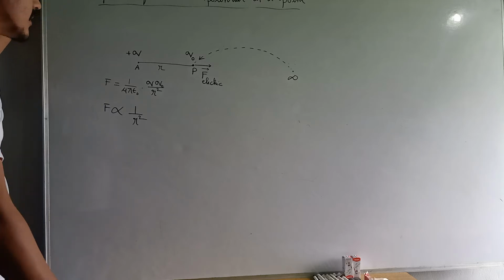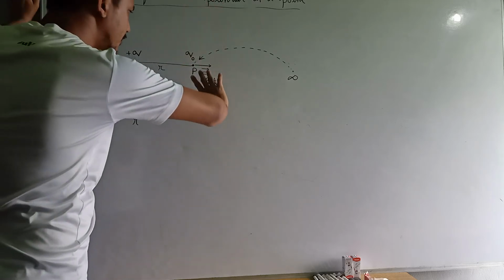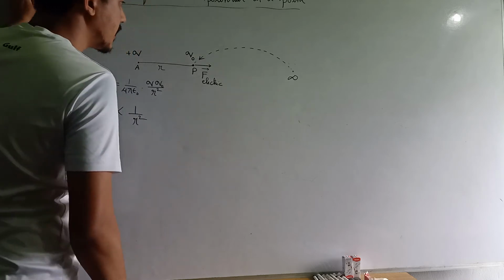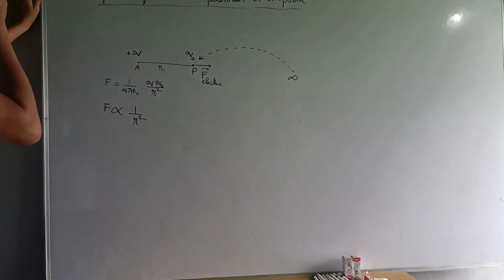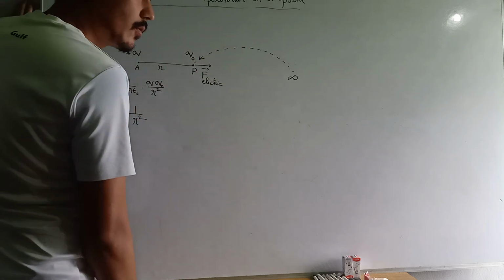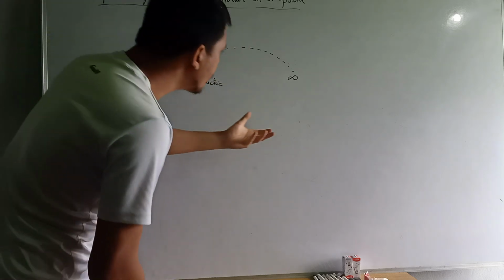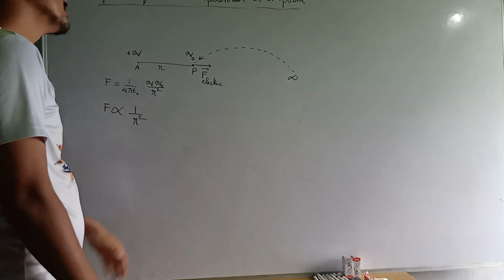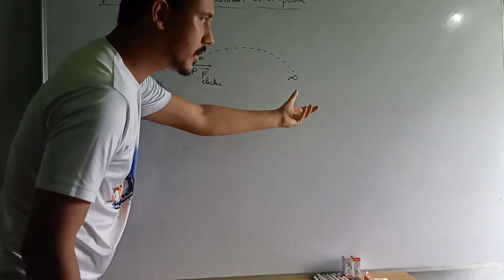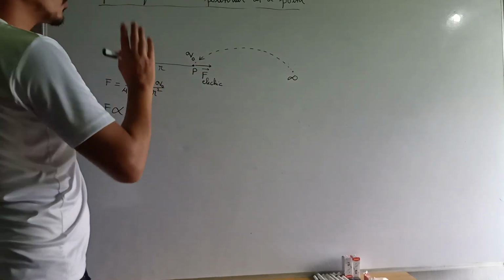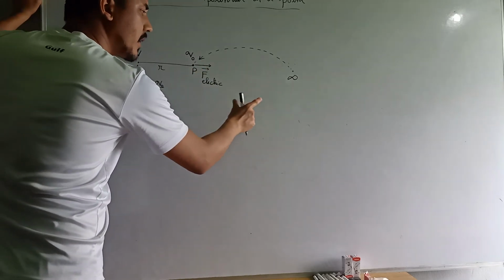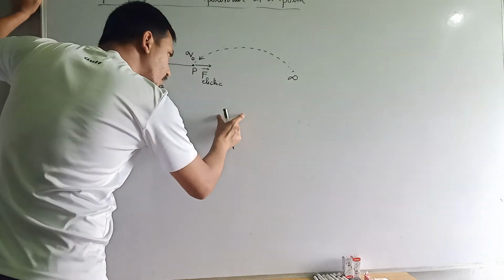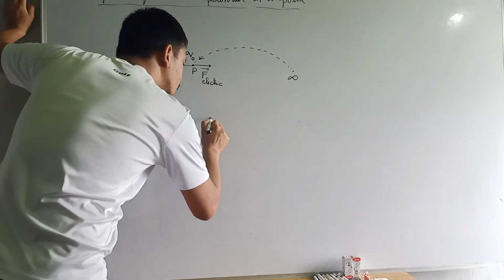Okay, and since this electric force is a conservative force, we know that work done by a conservative force in a closed path is zero. We are not able to bring it from infinity to P, so we are taking it from P to infinity. Let me show you an example.